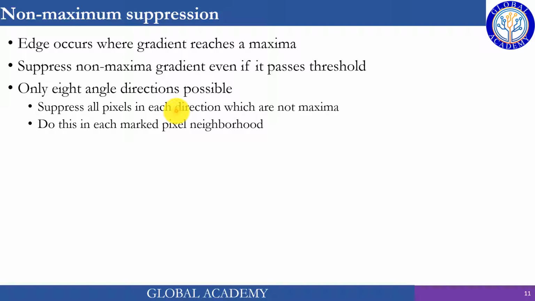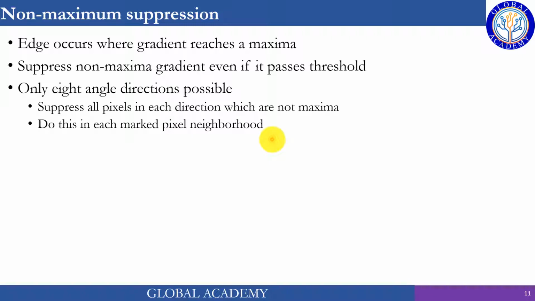That's our previous learning about edges. So non-maximum suppression simply drops the values which are less than some threshold, the smaller values. It means there is no sharp edge there. Similarly in the case of direction, suppress all pixels in each direction which are not maxima. Do this in each marked pixel neighborhood.